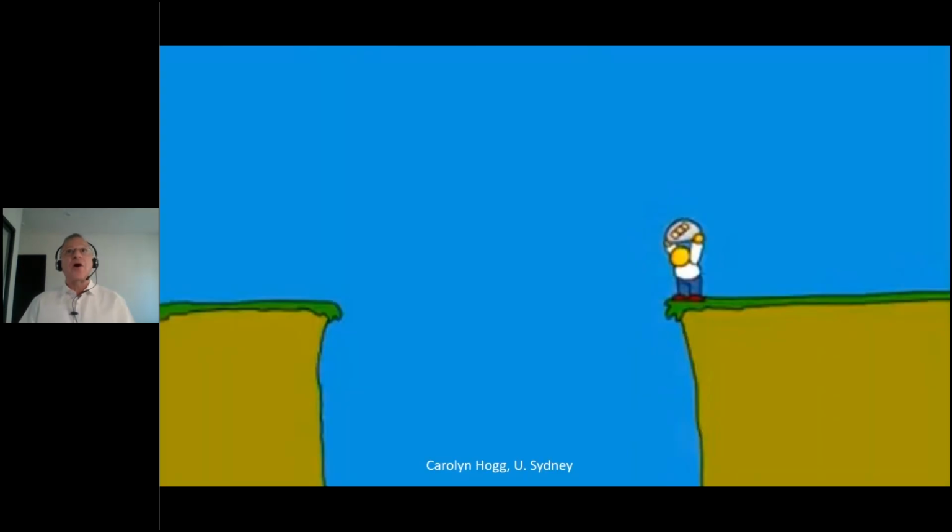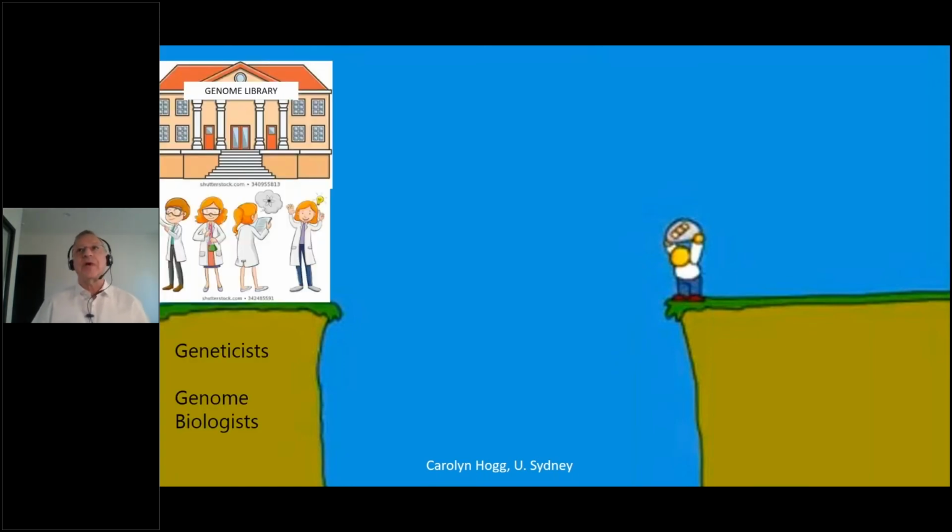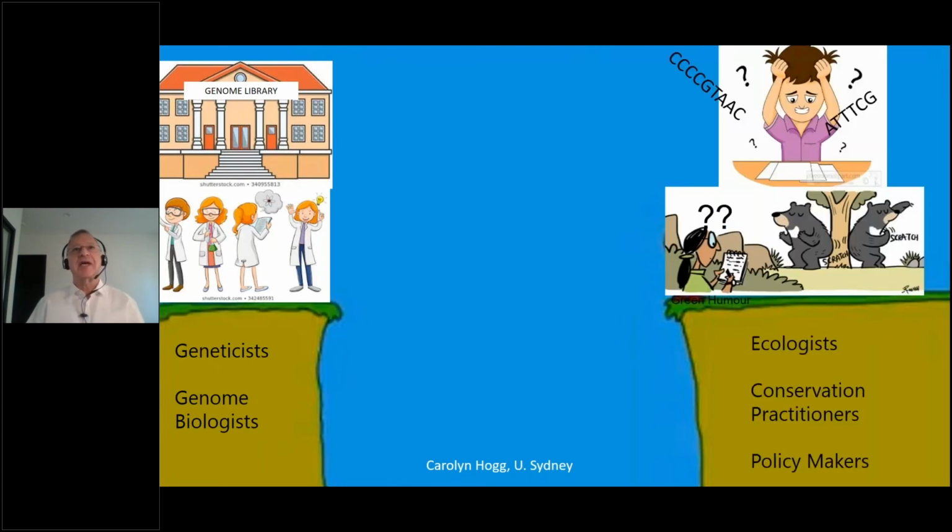Now, all of the projects with conservation, not just the two that I'm going to speak about, share one important goal. And that is, as Carolyn likes to tell us, bridging the gap between geneticists and genome biologists and ecologists and practitioners of conservation, the ecologists and also policymakers. Now, as you can see from the slide, the gap here is very wide. It's still very wide.